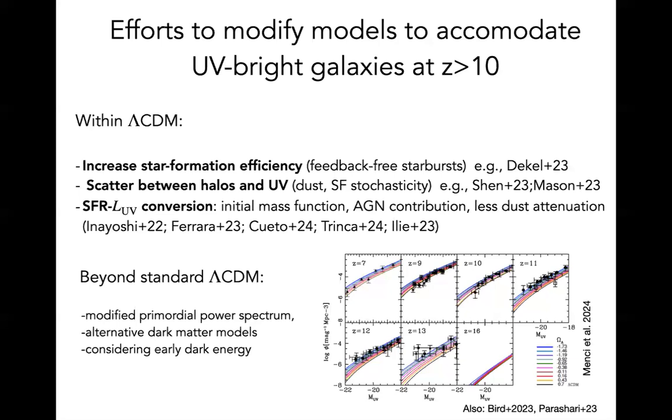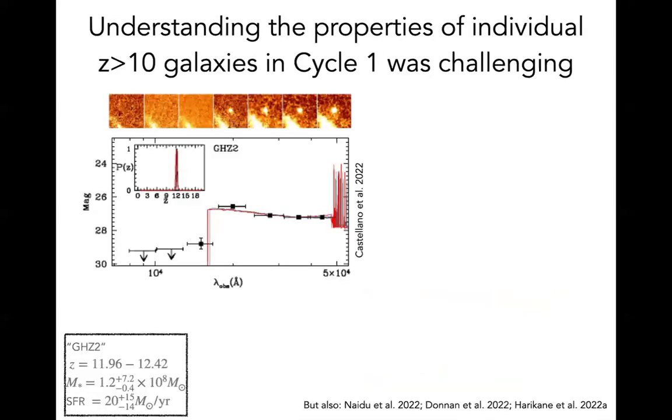But as someone who is working mostly with simulations and is more excited about individual galaxies rather than their group behavior, I'm more interested in the internal properties of these galaxies and in understanding what we can learn from these very first observations at high redshift. And even from the observational side, there were a lot of efforts from the first cycle.